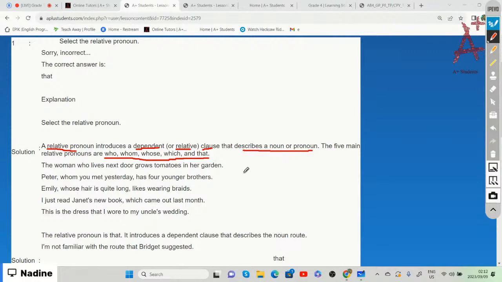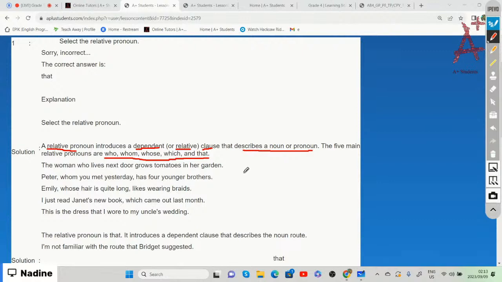We went over five examples where we made mention of the five relative pronouns within the sentence.